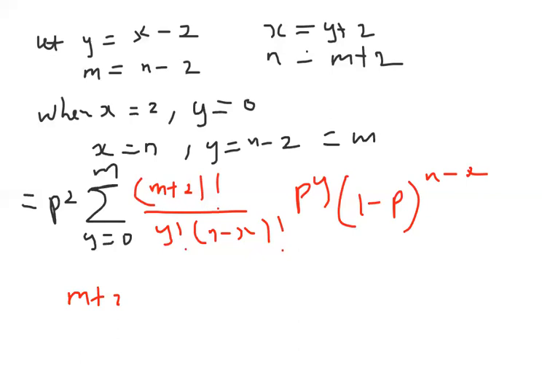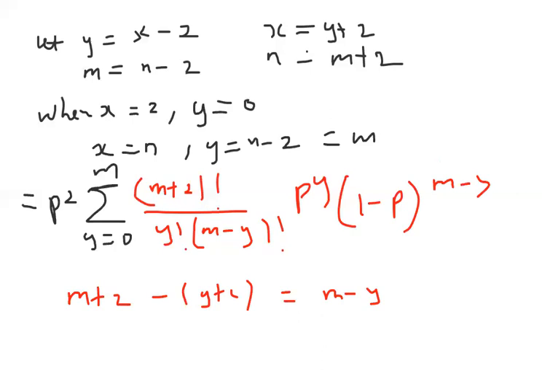So when I expand, I'm going to have m minus y. That is why I'm replacing this expression here with m minus y factorial, and the exponent here also becomes m minus y. I hope it's okay.